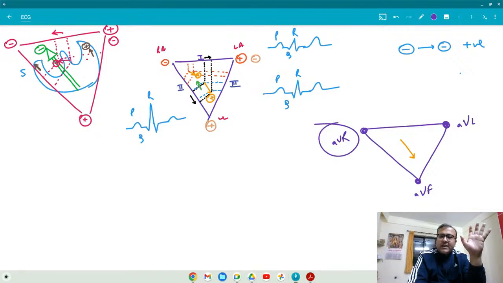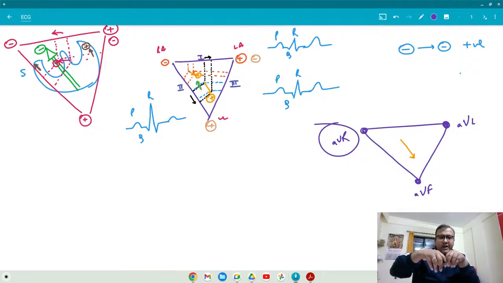You are standing at the AVR position and you are observing the depolarization wave. So you tell me, are you seeing its head or its tail? You're seeing the tail of the depolarization. That means it is moving towards you or away from you? Away from you. And last class we discussed this, right?